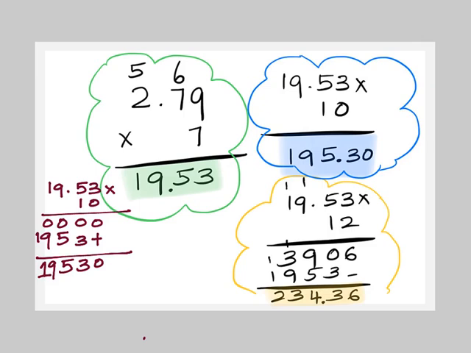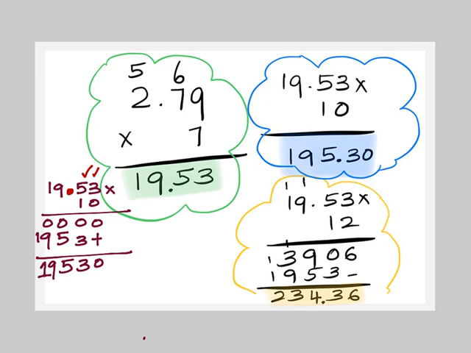Now we have to figure out where to put the decimal, right? For that, we have to see in which place the decimal is. For example, this decimal is 2 digits to the left.